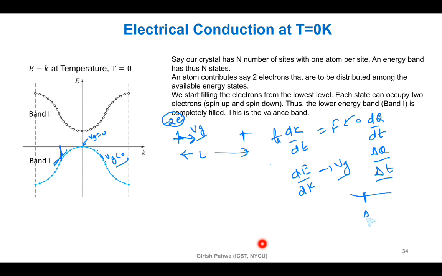So simply, you can do it like this. Delta q, the amount of charge, say I multiply and divide it by some delta x. So what is this? Vg. You need to calculate this.